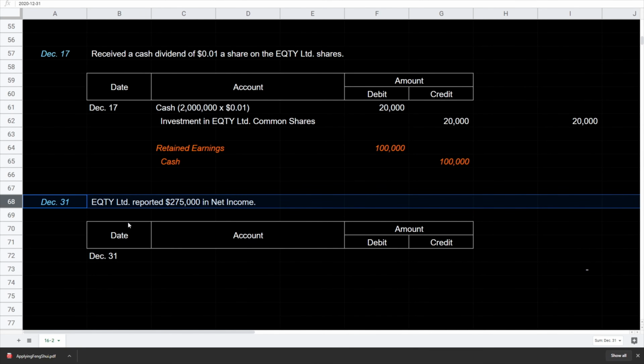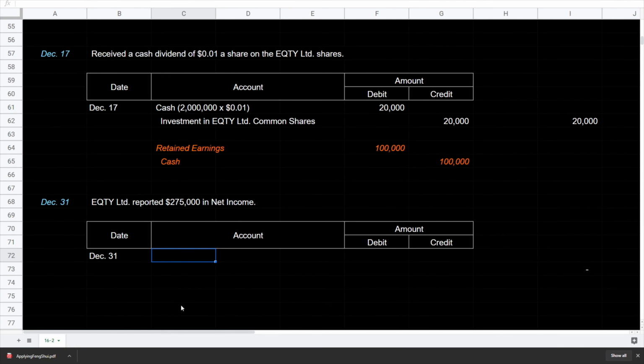EQTY Limited reported $275,000 in net income. What will happen here is we will debit the investment in EQTY Limited common shares. Again, if you used an investment in associate account, you would debit that account. We will debit this for what amount?